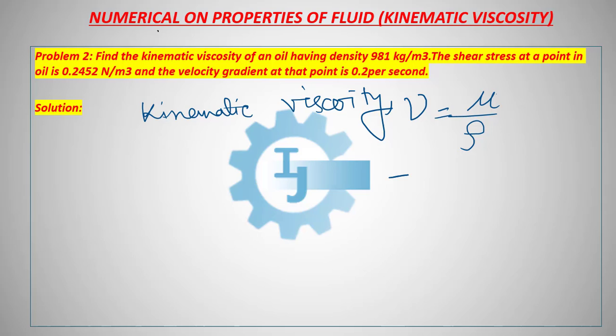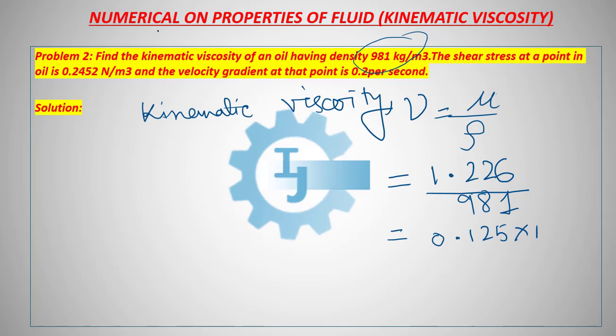So we got the value of mu by solving the problem, that is 1.226, and the value of density is already given, that is 981. So by solving we found 0.125 into 10 to the power minus 2 meter square per second.